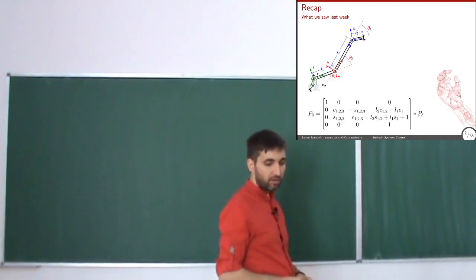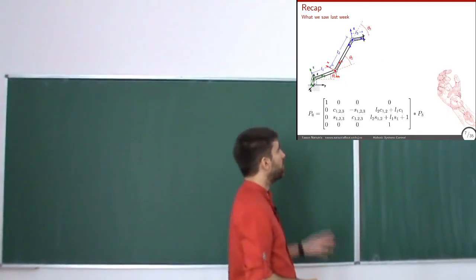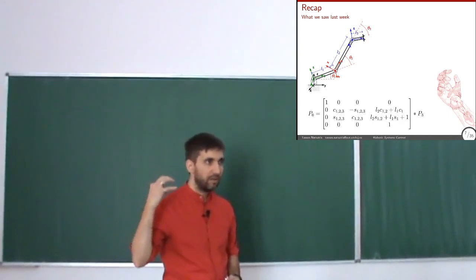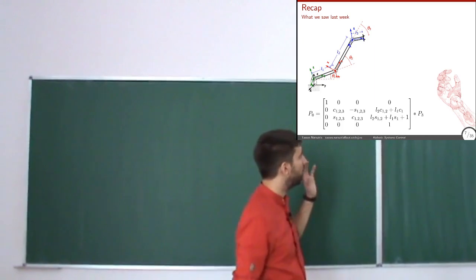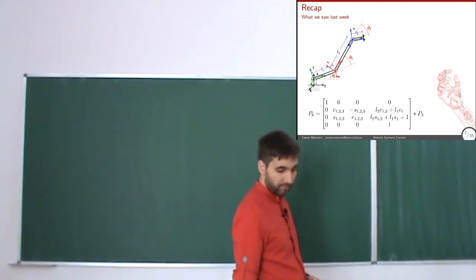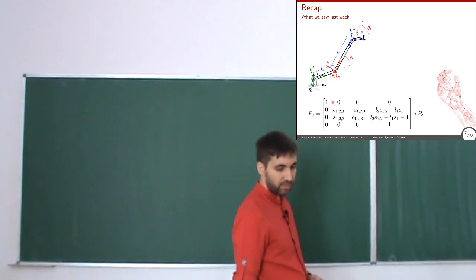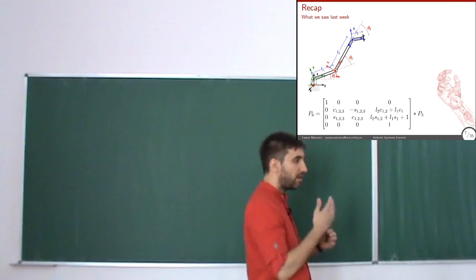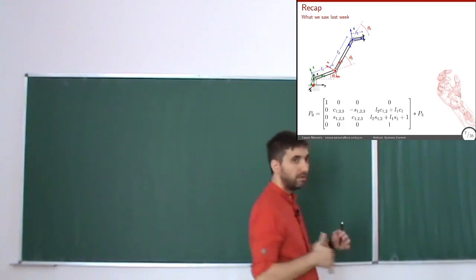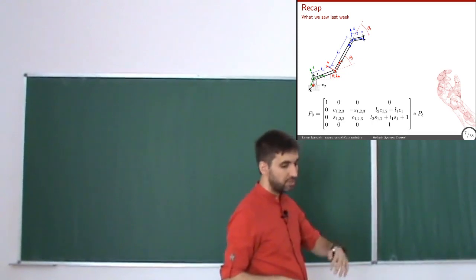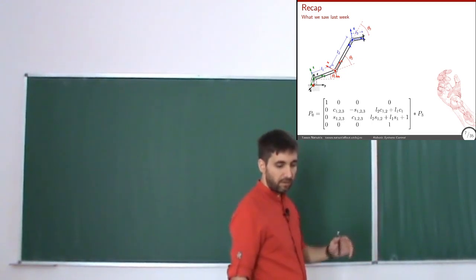And we defined this thing called the direct geometric model. How did we do it? We used the concept from 2 weeks ago, the transformation matrices, where we saw that we can break down a complicated transformation from the base to the end effector into smaller, more fundamental, easier parts, based on rotations and simple translations.